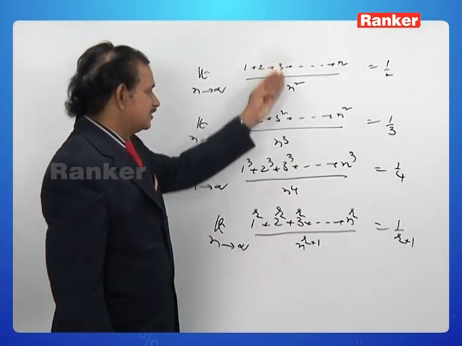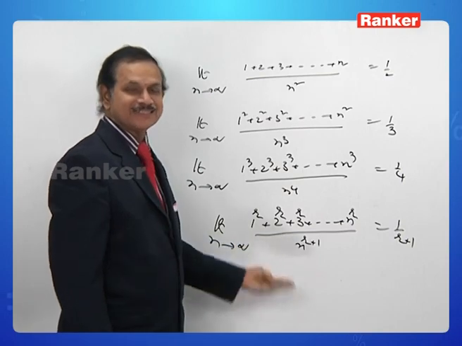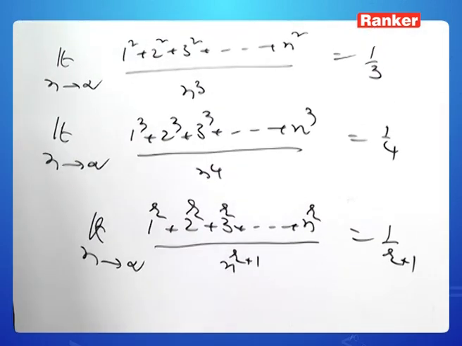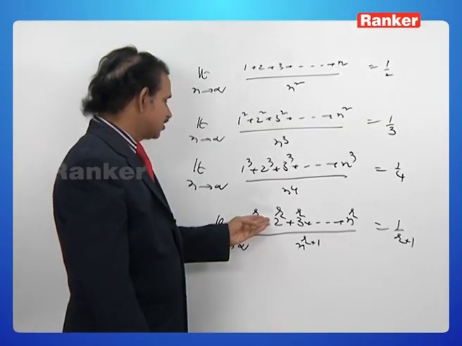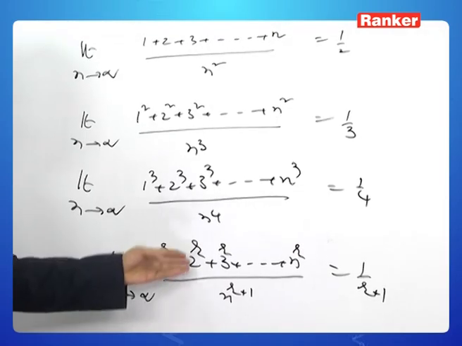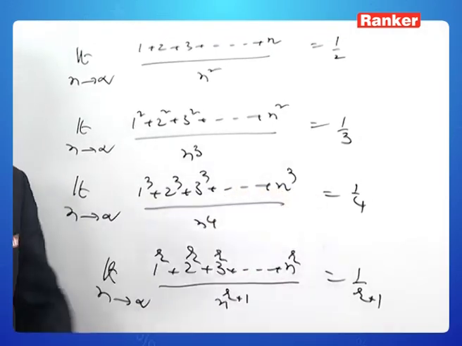Actually speaking, these are applications of this result. If you take r is equal to 1, this problem and that answer can be obtained. If you take r is equal to 2, this problem and that answer can be viewed. If you take r is equal to 3, this question and that answer can easily be observed.